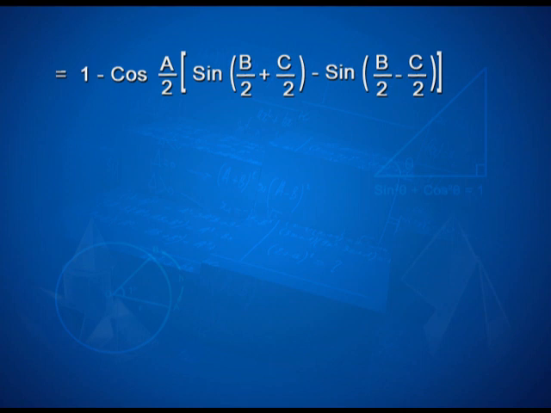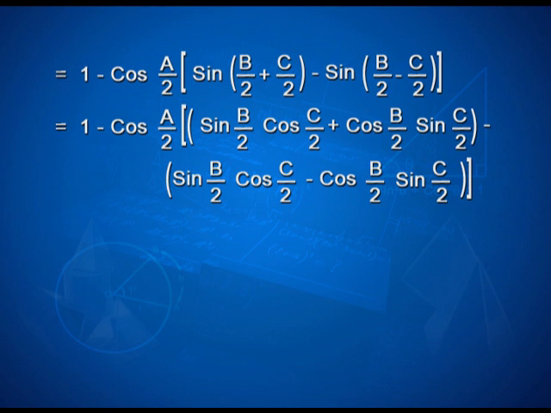Using the identity, 1 minus cos A upon 2 into sin B upon 2 into cos C upon 2 plus cos B upon 2 into sin C upon 2 minus sin B upon 2 into cos C upon 2 minus cos B upon 2 into sin C upon 2.